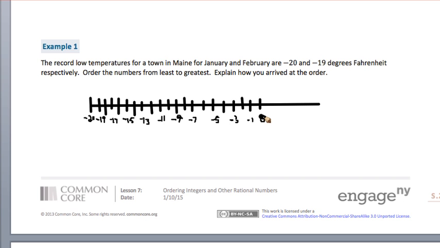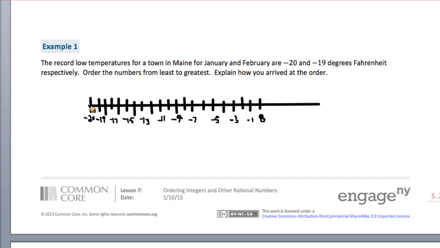I started at 0 and then I counted toward the left by ones, but I only wrote them every 2 because they're very close together. But you notice that we have negative 1, negative 2, negative 3, negative 4, negative 5, and so on, all the way up to negative 19 and negative 20.